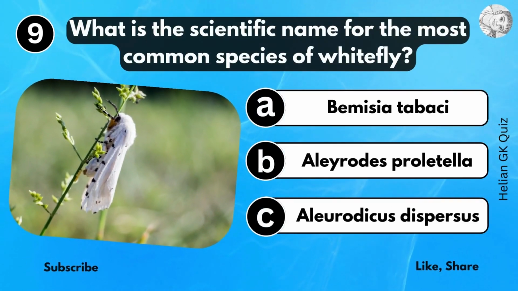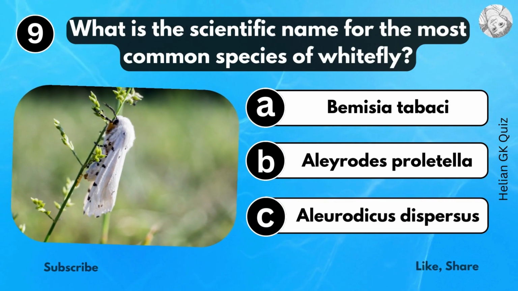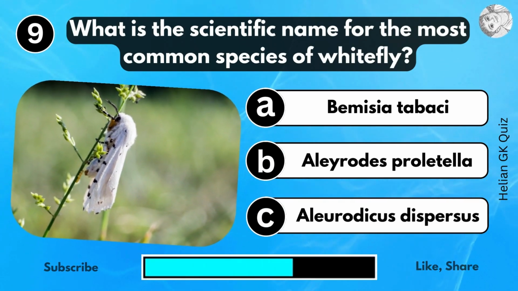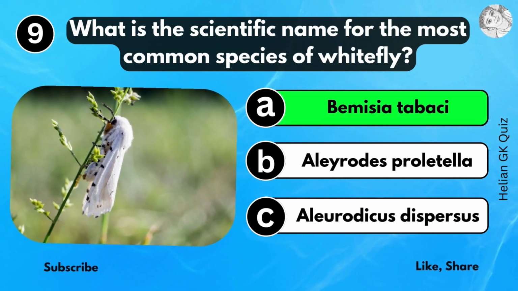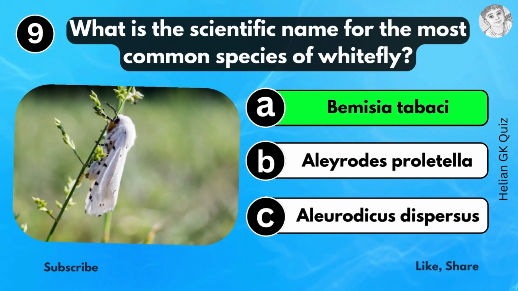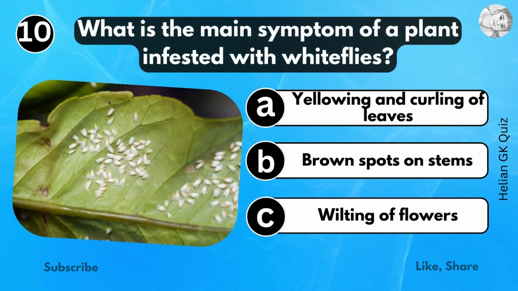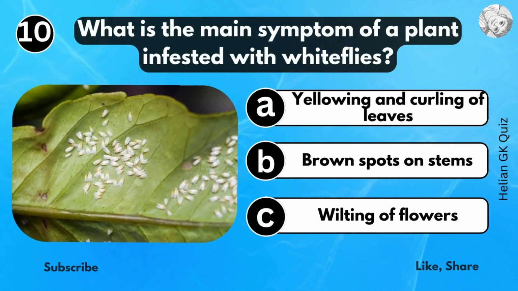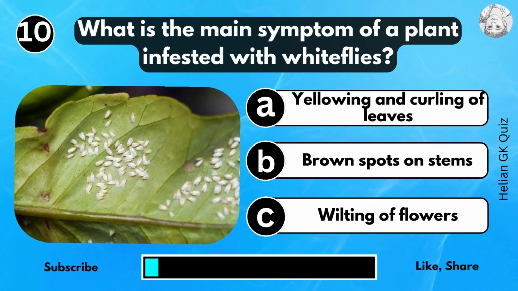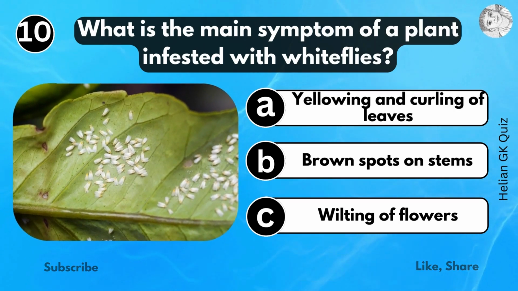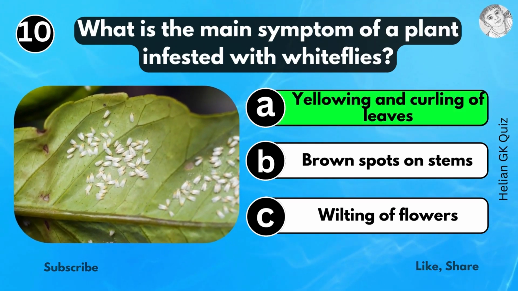What is the scientific name for the most common species of whitefly? Bemisia tabaci. What is the main symptom of a plant infected with whiteflies? Yellowing and curling of leaves.